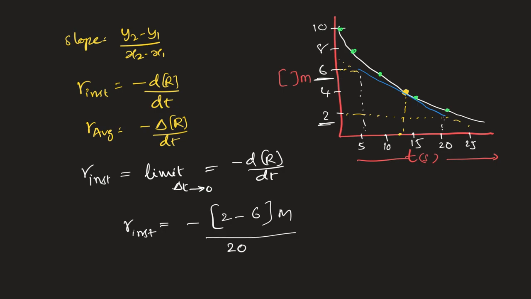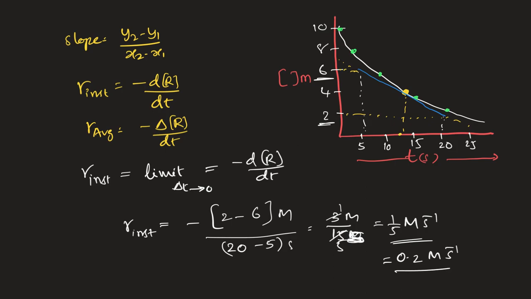Therefore 20 seconds minus 5 seconds, then we will get here 3 molar, and this is 15 seconds. 3 ones are 3, 3 fives are 15, therefore 1 by 5, molar second inverse. This is the instantaneous rate, otherwise this is 0.2 molar second inverse.